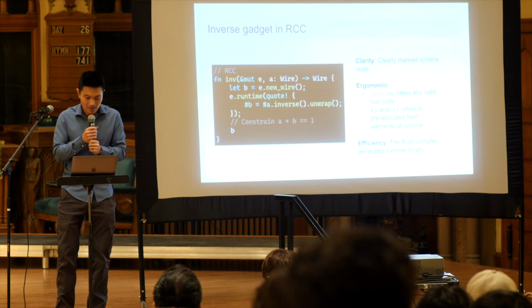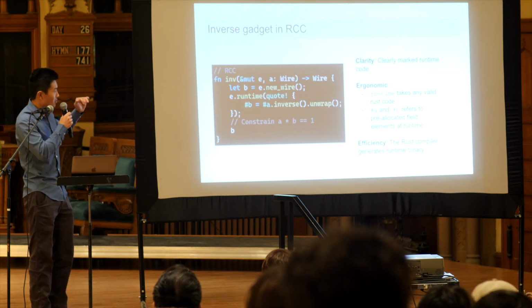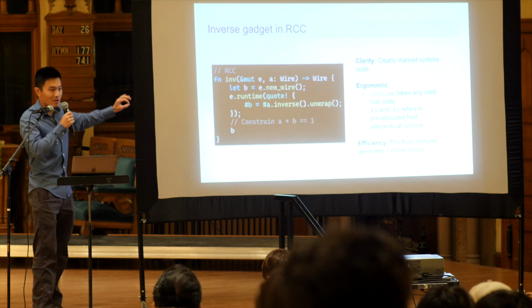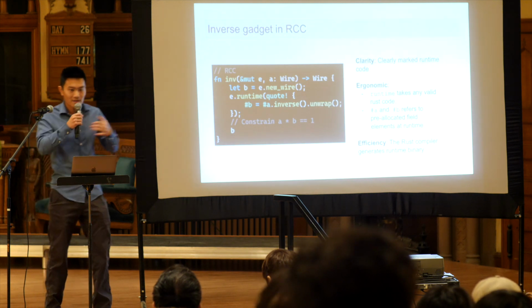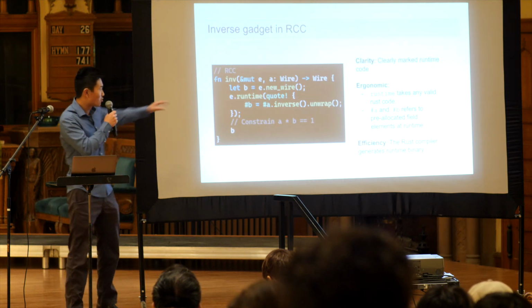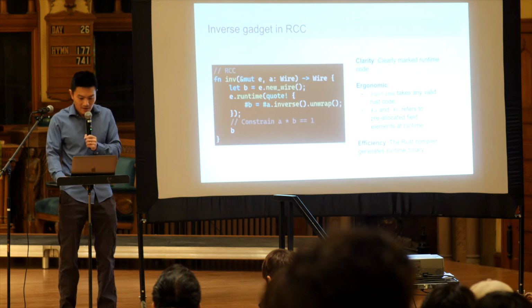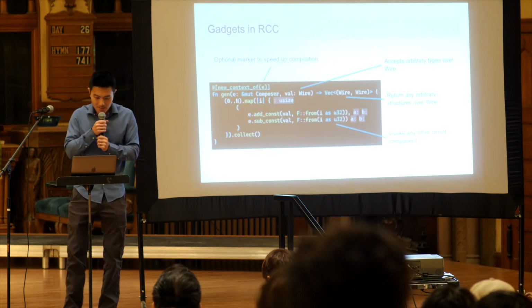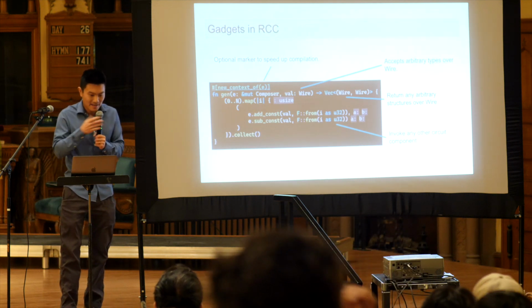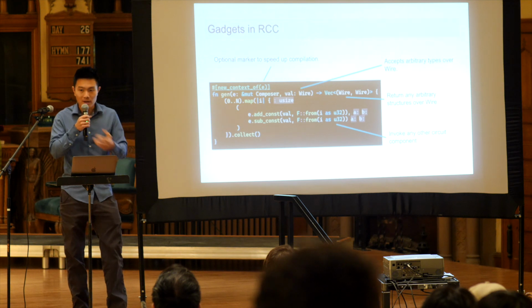But let's check the three targets we talked about. To me, it's very clear what is constraint generation. Anything that's pure Rust is constraint generation, and anything that goes into this runtime call is runtime witness generation code. I will show you something about efficiency in later slides. Let's go through more examples. This is exactly the same type of circuit builder that, for instance, Axiom or Plonky2 has.